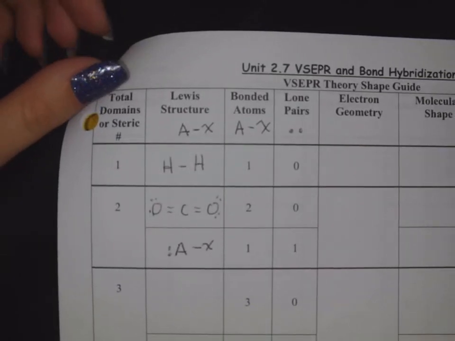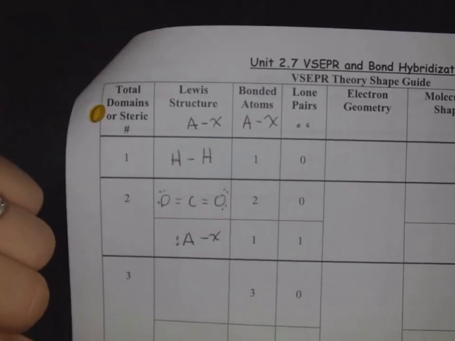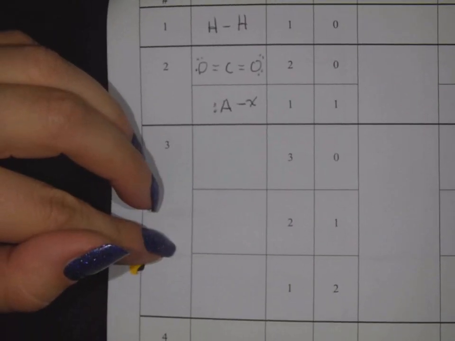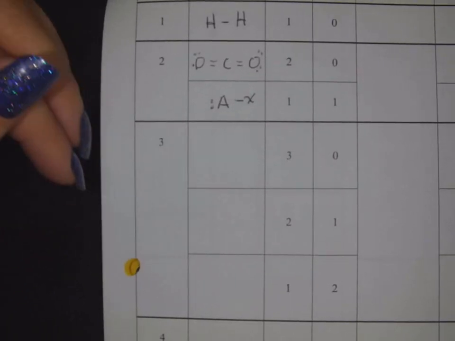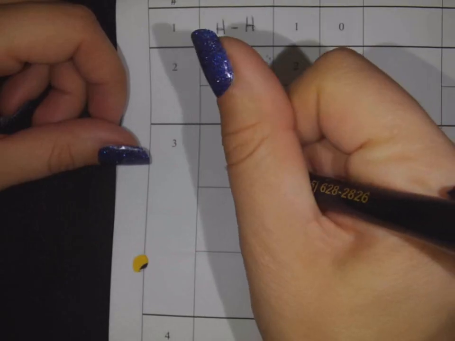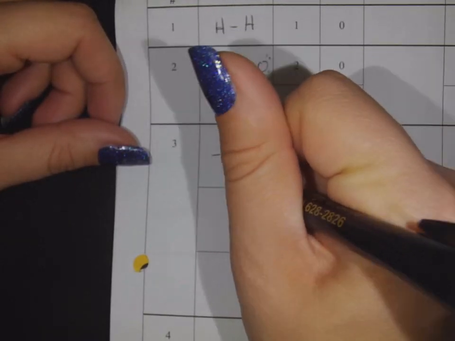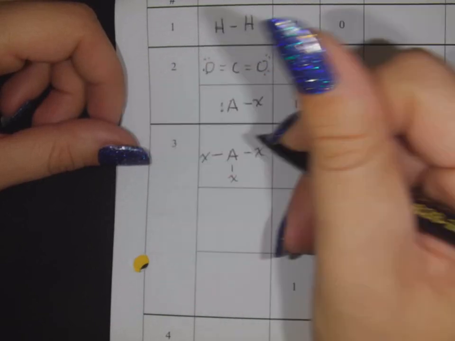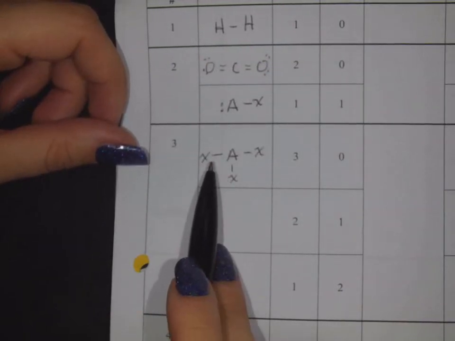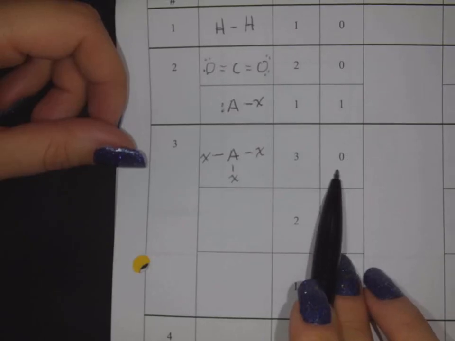Okay? So, we're gonna fill out number 3 here, steric number 3 or domain 3, and then we're gonna keep going. We'll fill out the other ones during class time. So this one says 3 bonded atoms. So I have my central, there's 3 bonded atoms to the center. Again, these could be single, double, or triple bonds, and then there's 0 lone pairs.